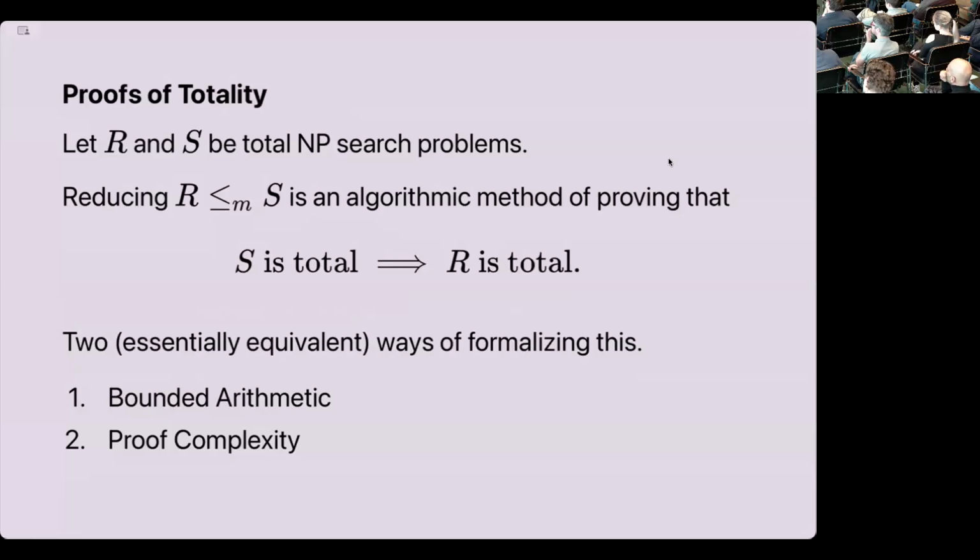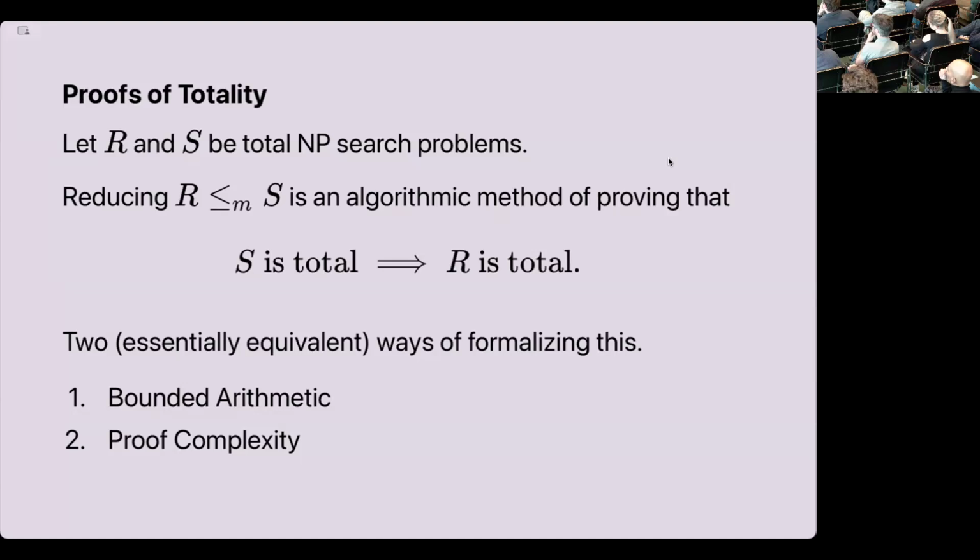So in particular, if I pick two total NP search problems, R and S, and I can give you a many-one reduction from R to S, this is a proof of the following theorem: that if S is total, then R is total, right? If I have two correct algorithms and those algorithms are provably correct, then I've just proved to you that if S is total, then R must be total. And this is the core of it.